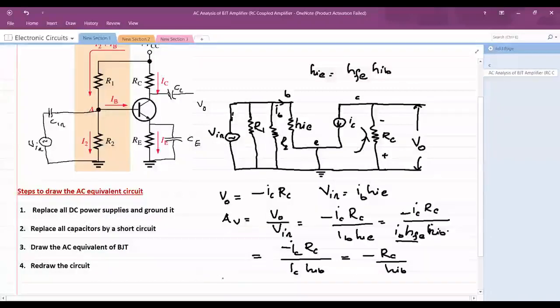So the voltage gain of the amplifier is V0 by VIN equal to minus RC divided by HIB. This negative sign indicates there exists a phase difference of 180 degrees between the input and output of the amplifier.